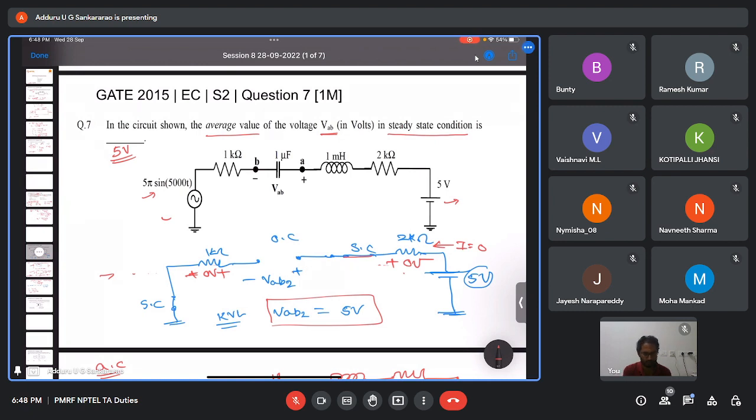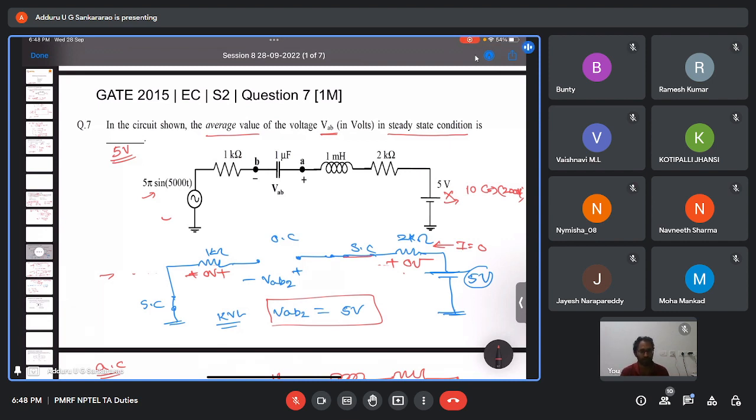Generally, in network analysis, especially AC analysis, when different frequencies are acting, let us say in place of this DC source we have some other source, like 10 cos 2000t, two frequencies are there, so we need to apply the superposition theorem.